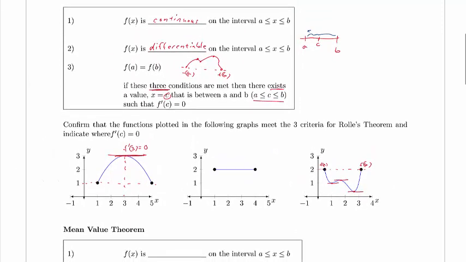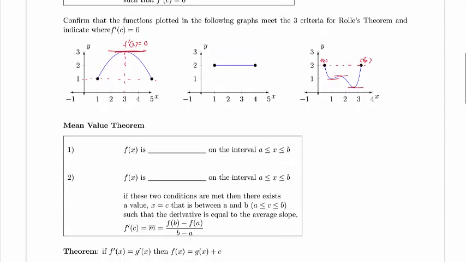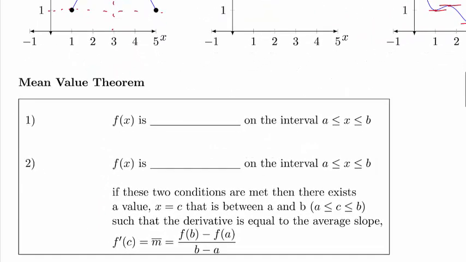Rolle's theorem, as you can see, had 3 conditions. Mean value theorem only has 2. First condition, much like Rolle's theorem, f of x is continuous. Note how this seems to be a theme. Second condition, f of x is differentiable.